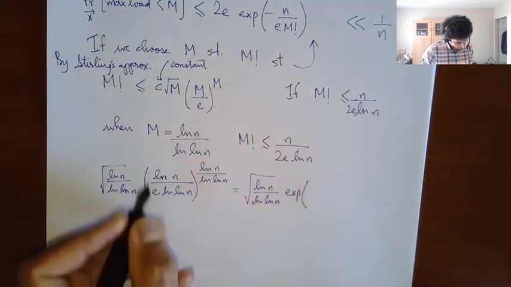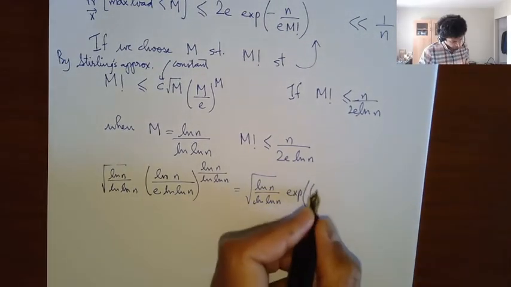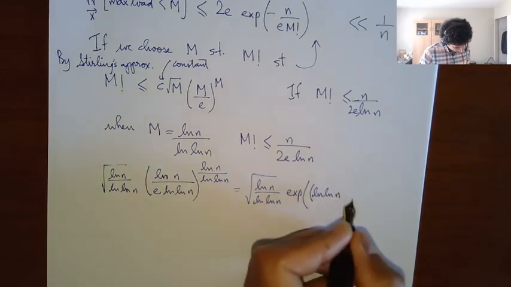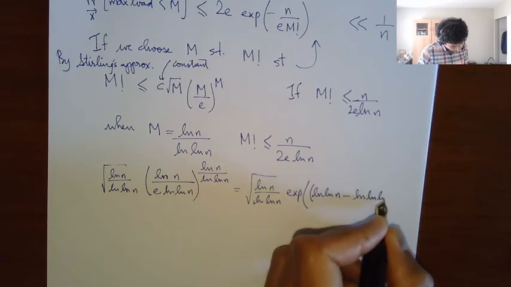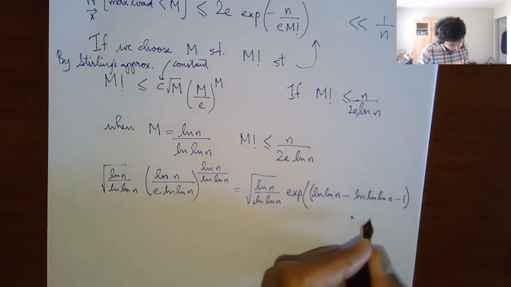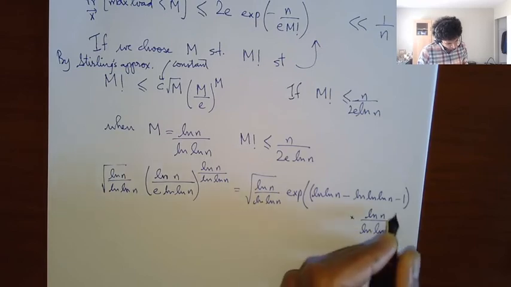Just write it as e to the log of that, I'll get log n minus log log n minus 1 times log n divided by log log n.